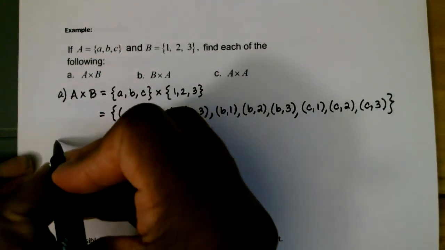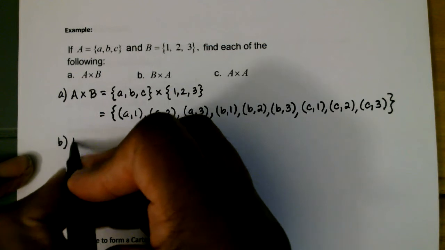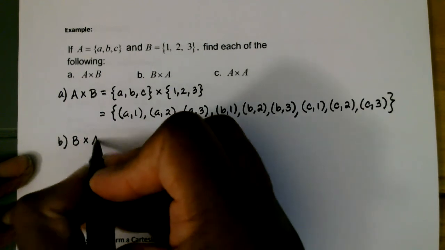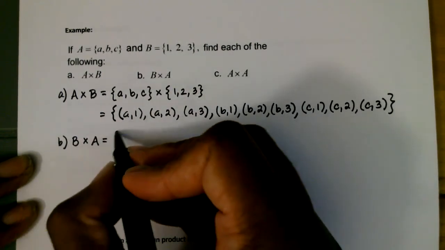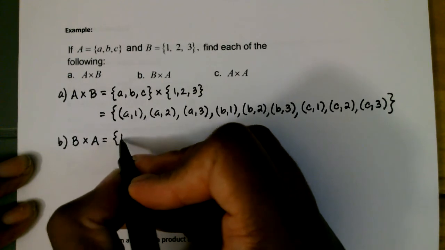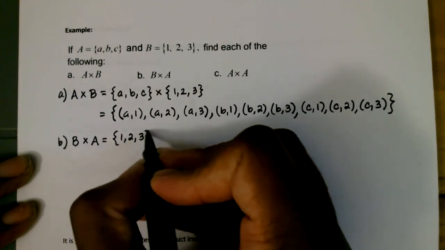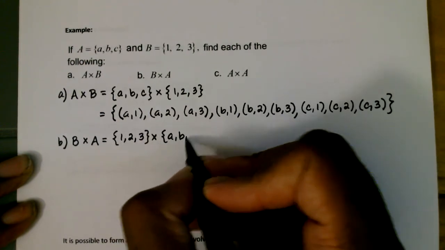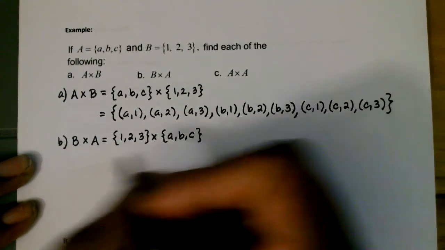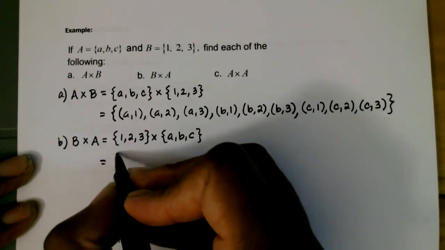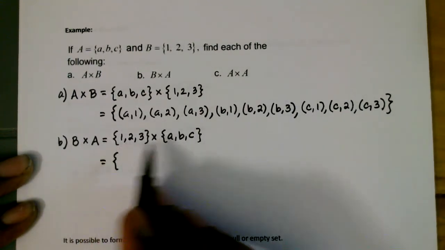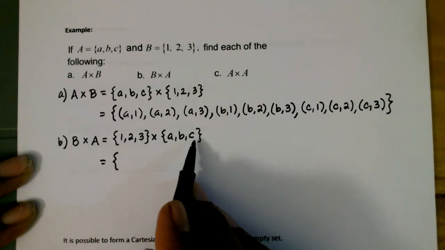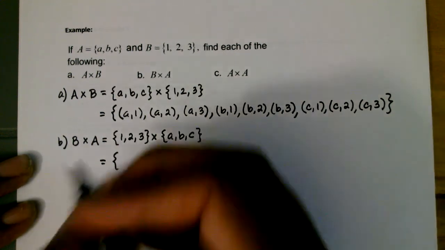Now part B is the cross product of B and A. Well, B has 1, 2, and 3, and A has a, b, and c. So in this case here, the 1 would be paired with each and every element of the second.